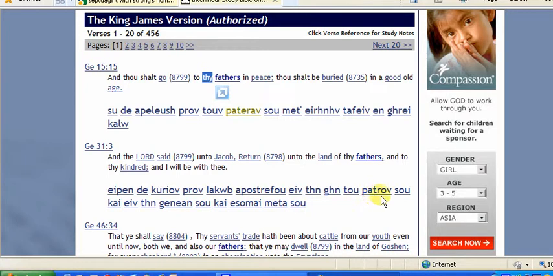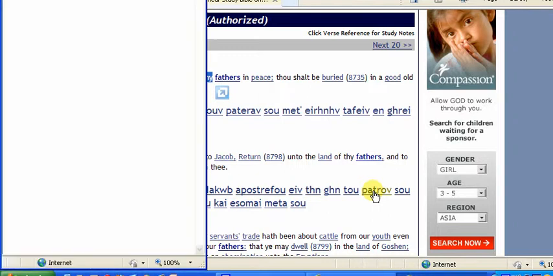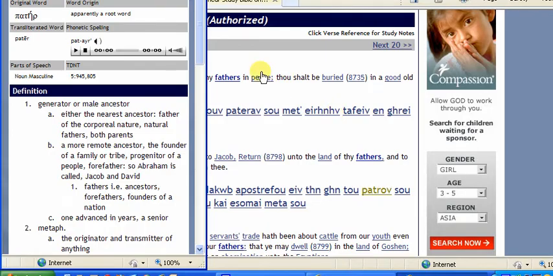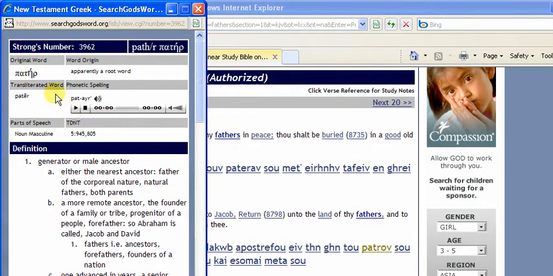Again, we have an alternate ending on the root word, an ov, in the transliteration of the Greek. I have to be honest with you, I don't know Greek as well as I wish I did. That is another project for me to undertake. But as you can see, you click on the word, and the root word of patrov, of course, is pater.